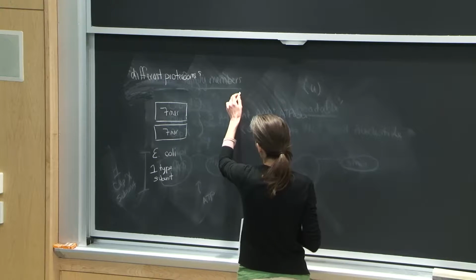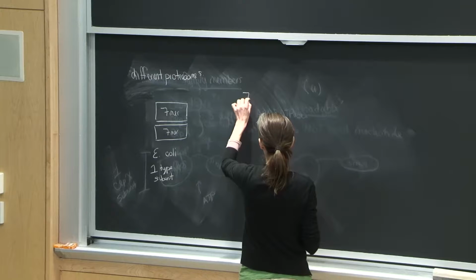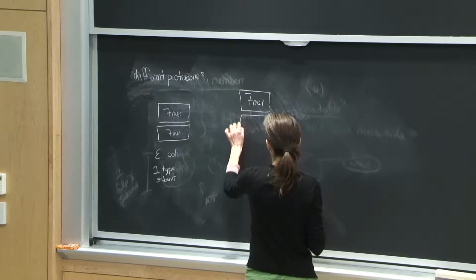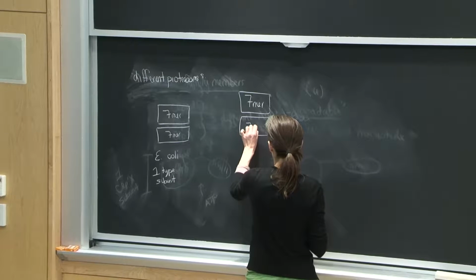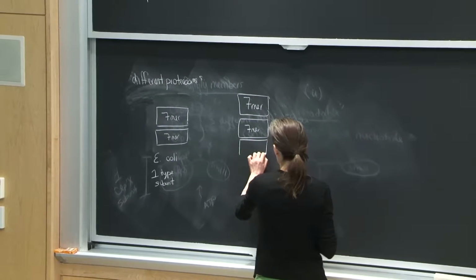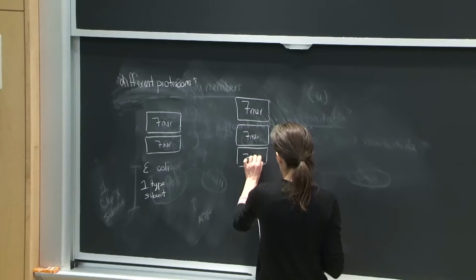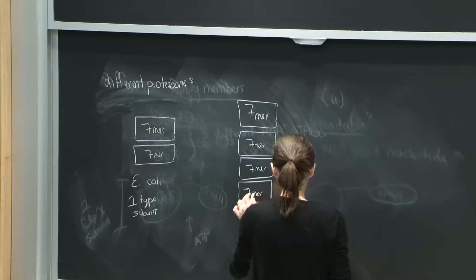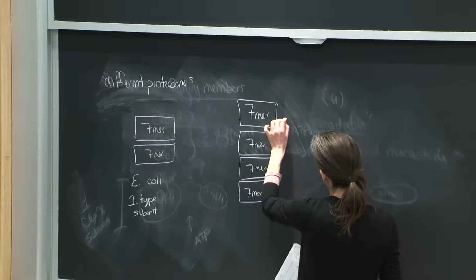We find that we have 4 rings, each of which is a 7mer. These 4 rings include 2 different types of subunits, which I'll call alpha and beta.